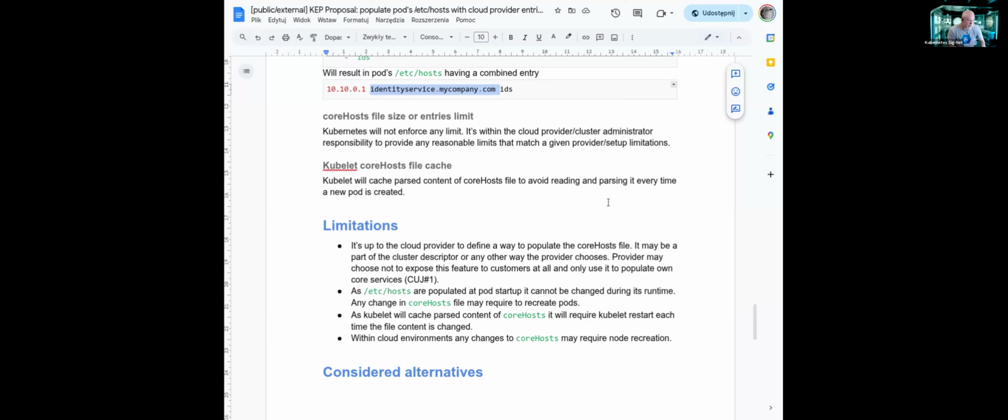So this seems consistent with how we handle ResolveConf, kind of. My question is, why not actually handle it the way we handle ResolveConf, which is take the host's ResolveConf and merge it with what the kubelet wants to configure, where merge is defined inside kubelet with some reasonable rules.